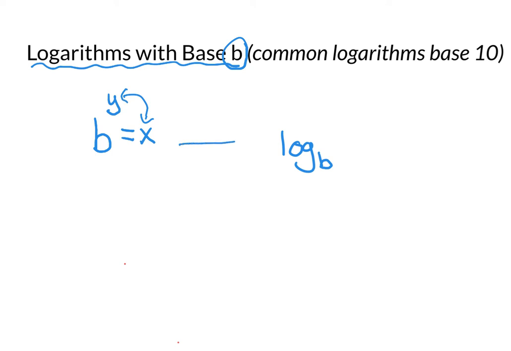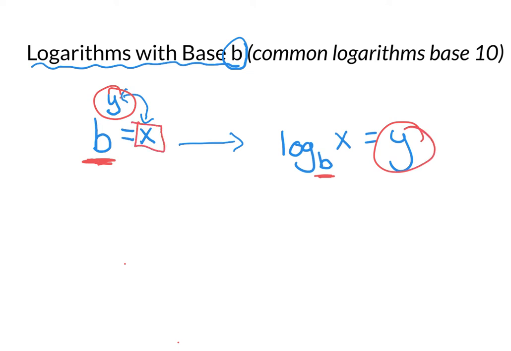But the proper way to write it is log base b of x equals y. So the base of the exponent is the base of the logarithm. The exponent is what it's equal to. And then the x is next to the logarithm.